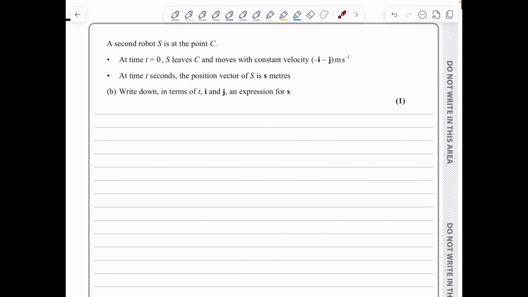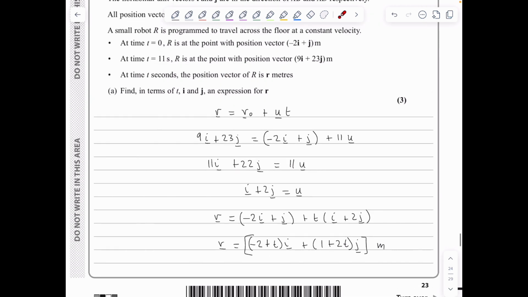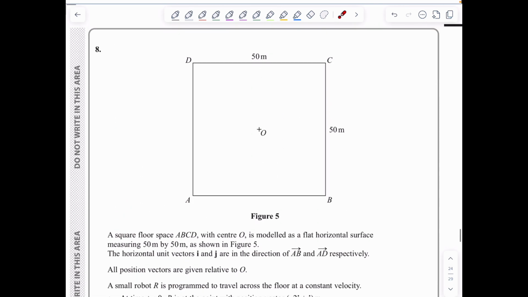We're then told that the second robot S is at the point C. At t equals 0, S leaves C, moving with constant velocity of negative i, negative j. We need to find an expression for S, which is the position vector of S. So if we go back to the diagram here, it's obvious that the point C here must be having position vector of 25i plus 25j, because O is the center of this square.